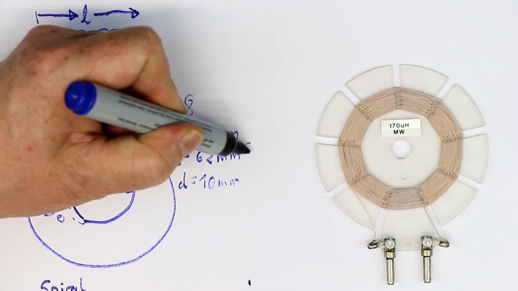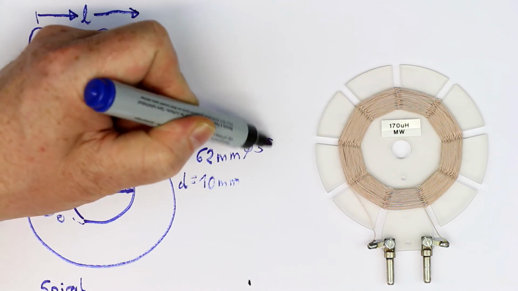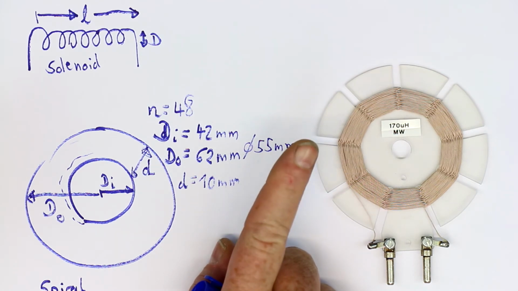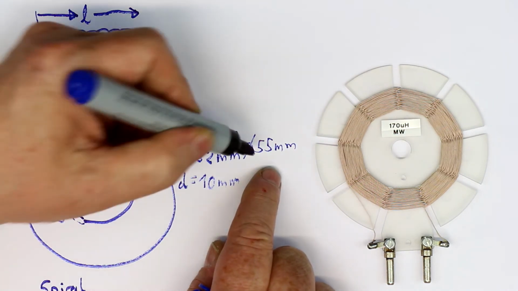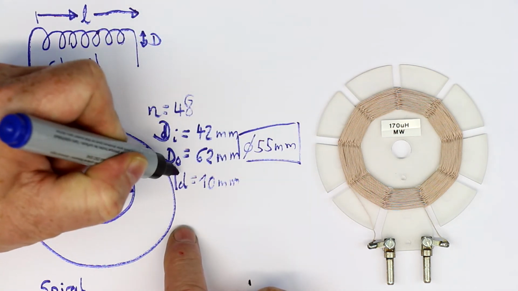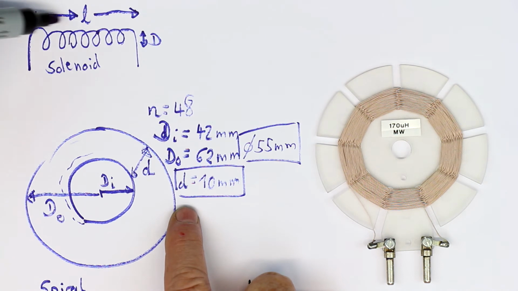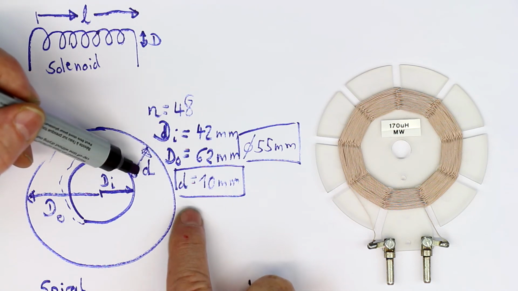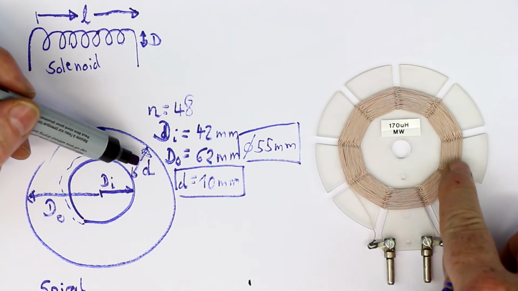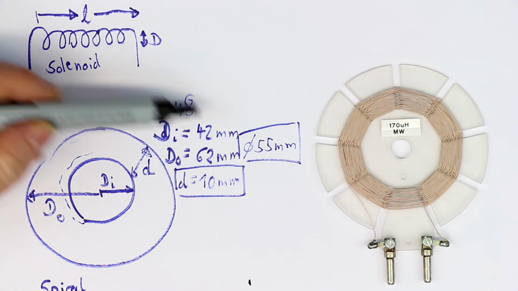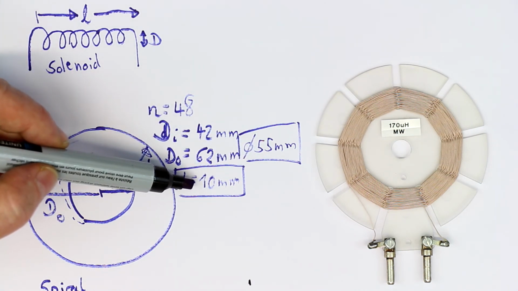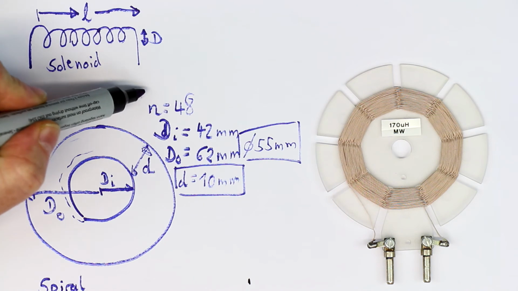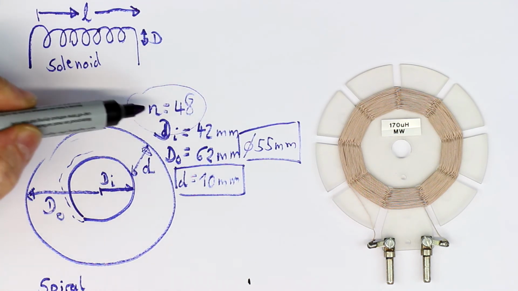Let's choose as an average value 55 millimeters as the average diameter of the winding. And then as the length of the winding, we just try out the size of the winding, which here is 10 millimeters, and we'll go with these values into our spreadsheet and see if this gives any meaningful result to reach a turns number near 48.